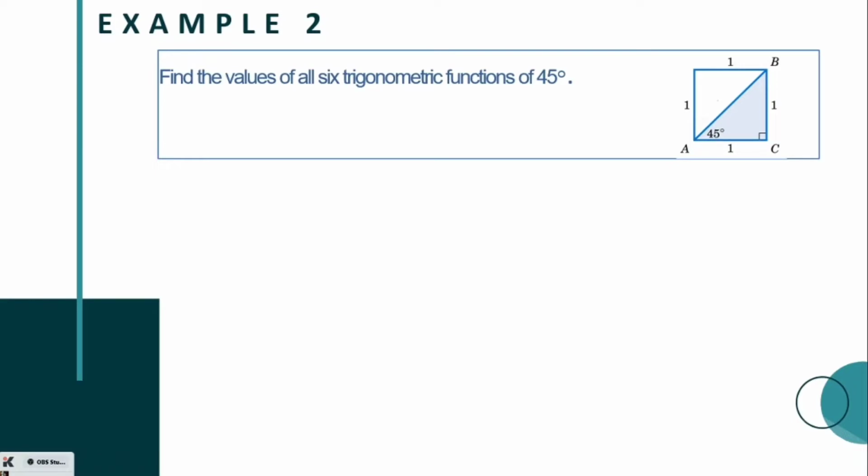We could use our knowledge of the Pythagorean theorem. So c squared is just equal to a squared plus b squared, which is 1 squared plus 1 squared, equal to 2, because 1 plus 1 is 2. So c is square root of 2. Thus the length of our hypotenuse is square root of 2.